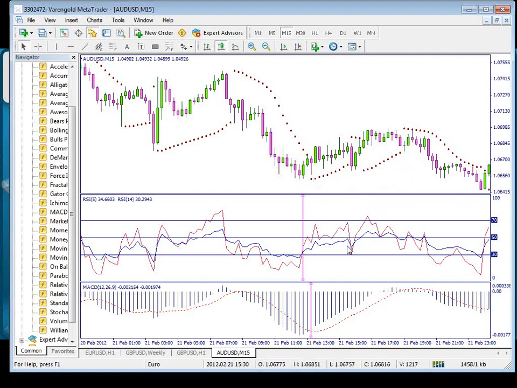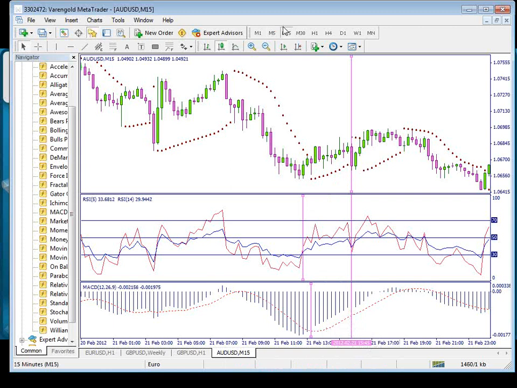But also we have that sell signal here. And very quickly one buy signal. It's possible not to catch all those signals.